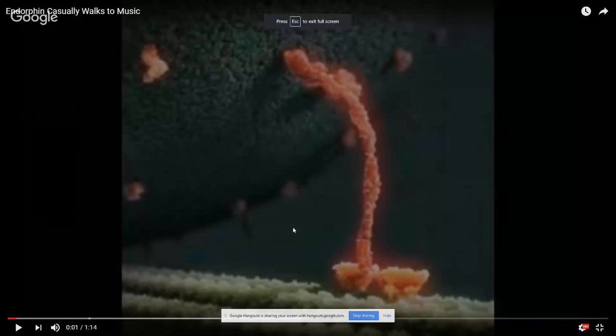Okay. So what this is, is a neuron. And in the neuron, we produce lots of neurotransmitters, and they're going to be secreted to the outside. But in the neuron, the neurotransmitters are produced in the cell body, and then they have to be transported to the very end of the neuron, which could be a long distance, right?